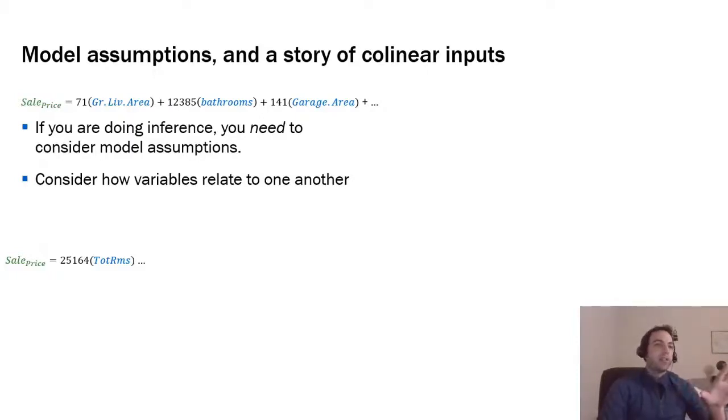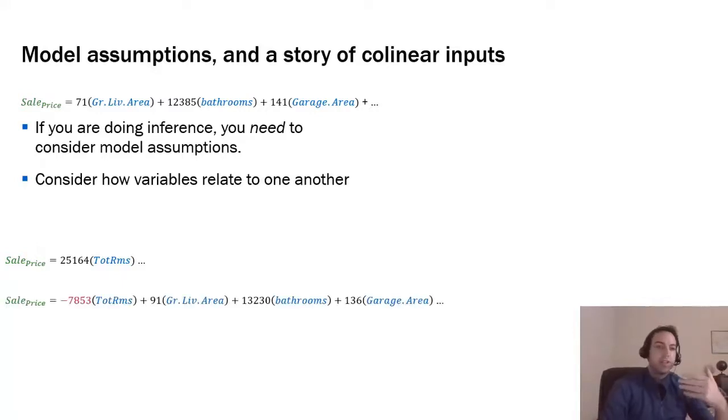Now though, let's consider building a regression model like the one we did beforehand, but now adding other variables into that. And let's see what that coefficient on total rooms looks like. And what we see in this case is that it's now actually negative. Before it was positive, now it's down to roughly negative $8,000.